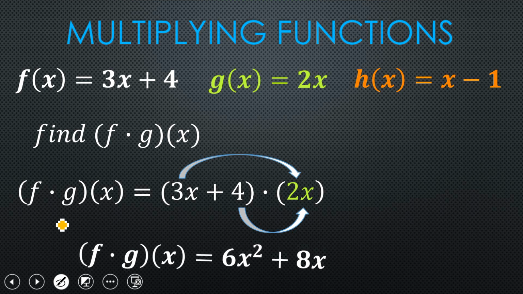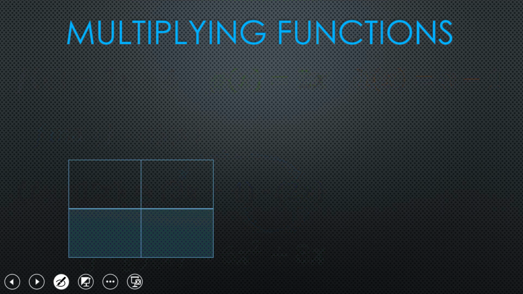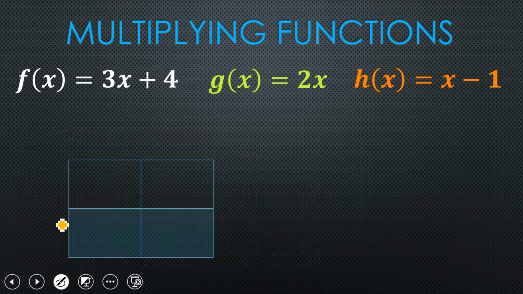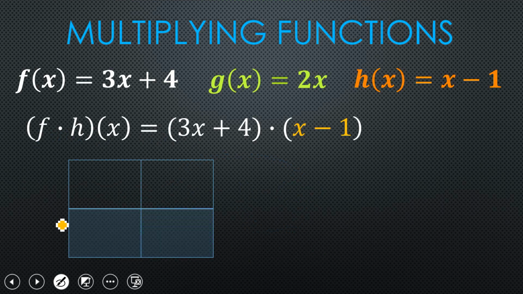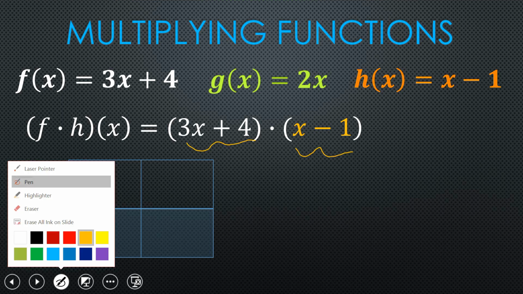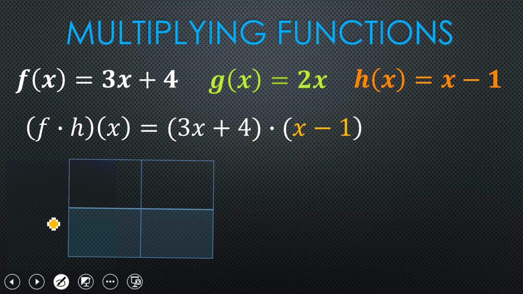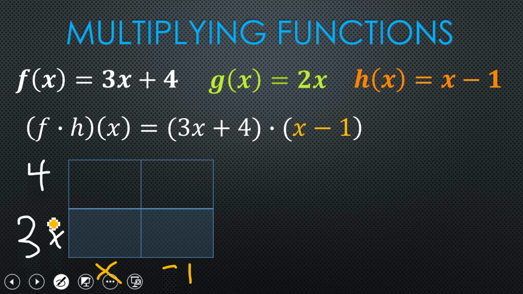Now I have another multiplying function example for you, just to remind you how to multiply two binomials. So this time we're doing f dot h. And notice we have what we call two binomials, 2 terms there, 2 terms there. And if you remember from previous experience, maybe we're going to use this generic rectangle down here at the bottom. We're going to put one binomial on one side, and on the other side, we'll put the other.